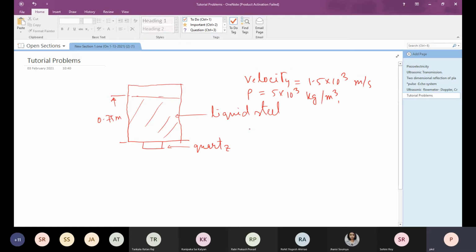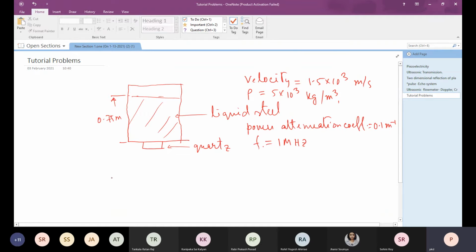Power attenuation coefficient is given, it is 0.1 per meter. And 1 megahertz frequency is given.